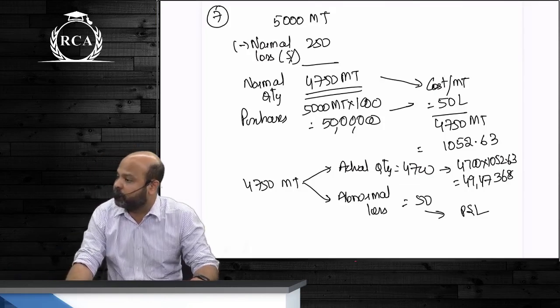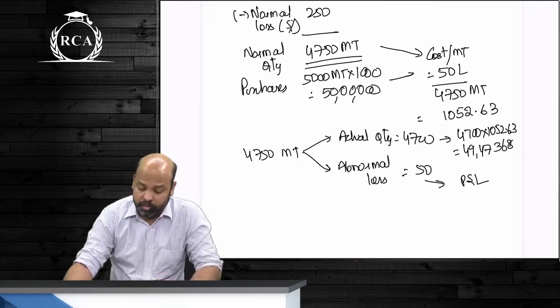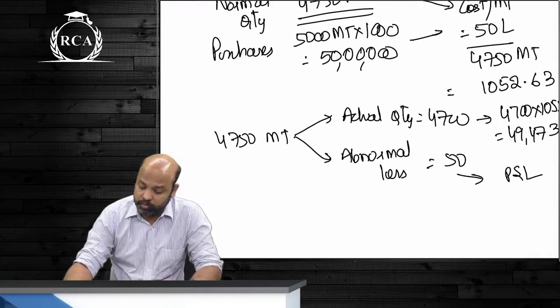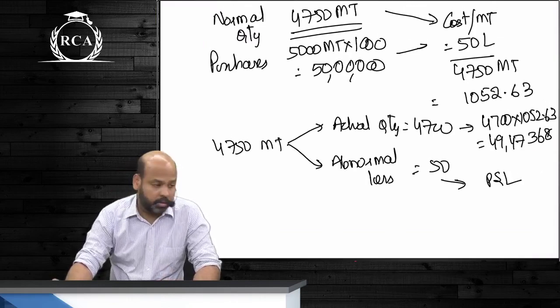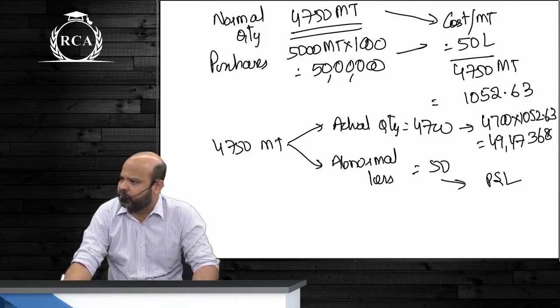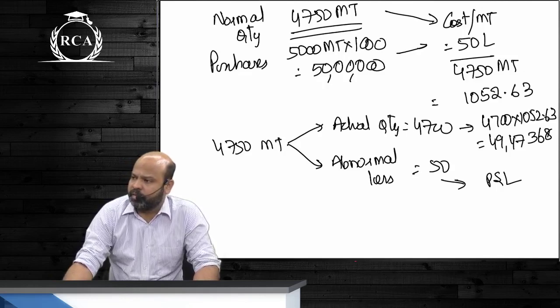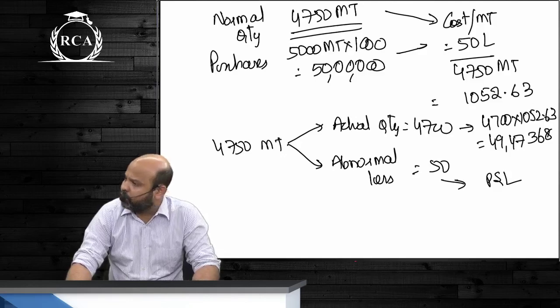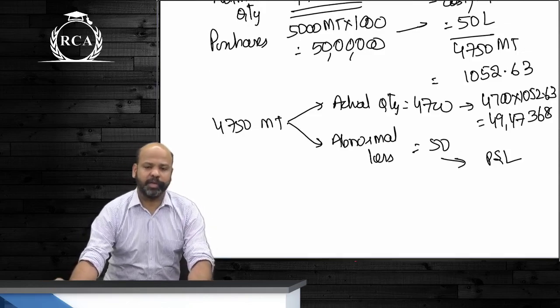Are we all clear about this? The cost of those 4,700 tons, beta, will become the cost of inventory, guys.